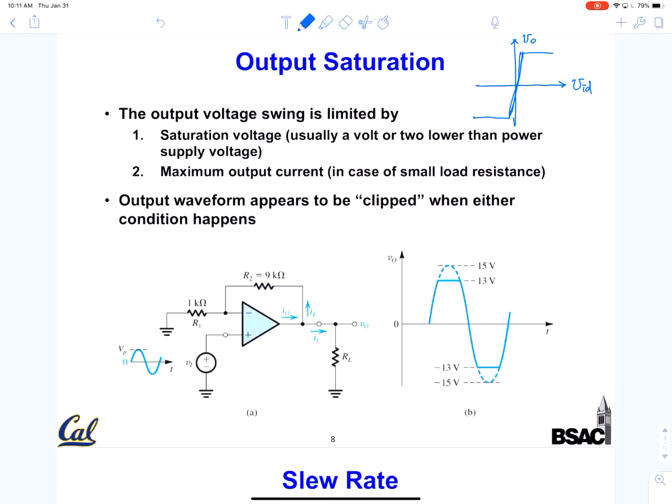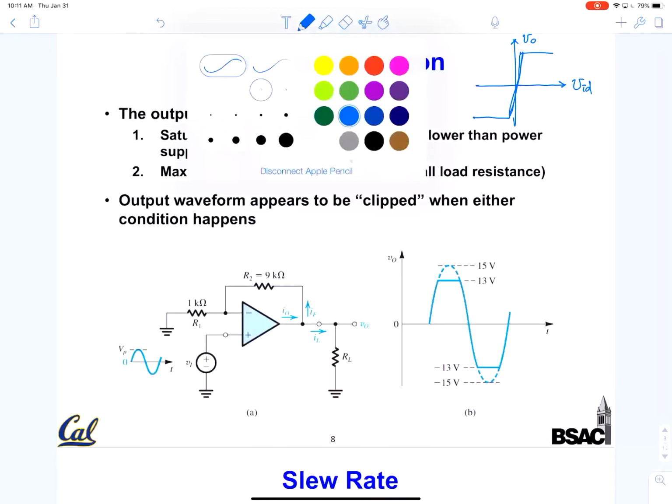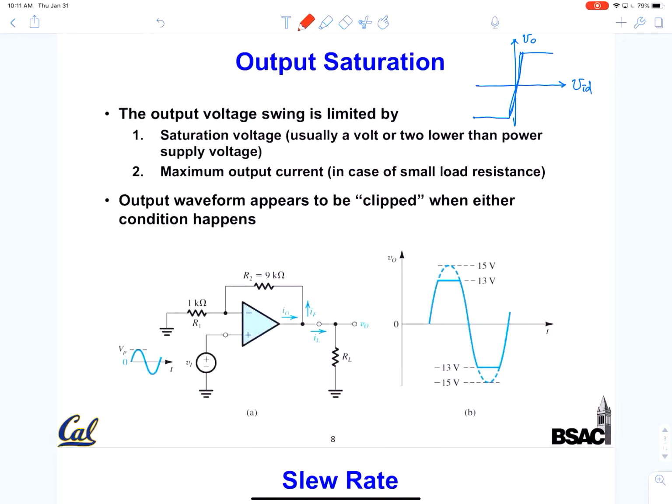You cannot go above the power supply voltage. So if your input signal is very small, just varying around the zero value, your output will follow your input. If the input is sinusoidal, you have a sinusoidal output.